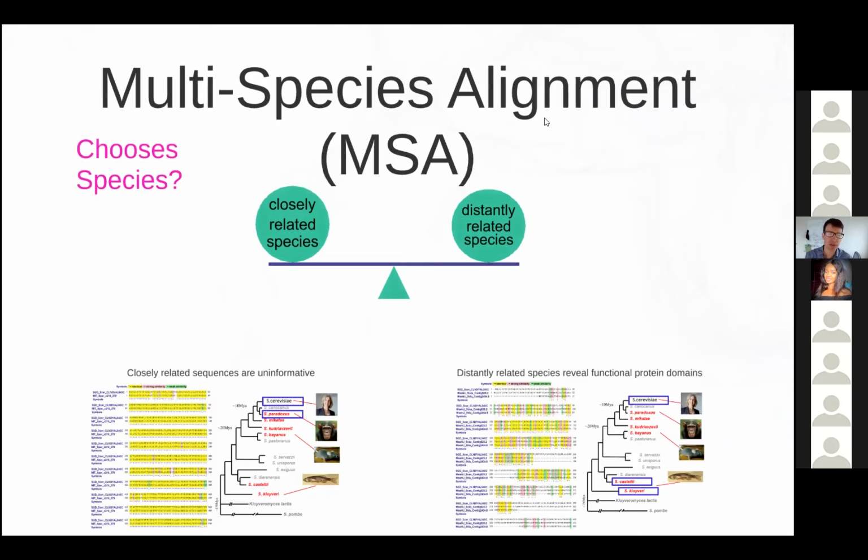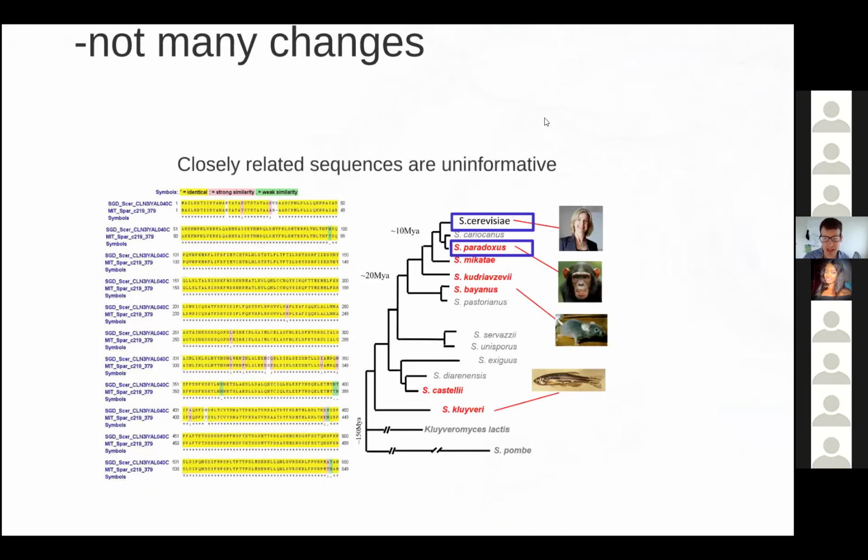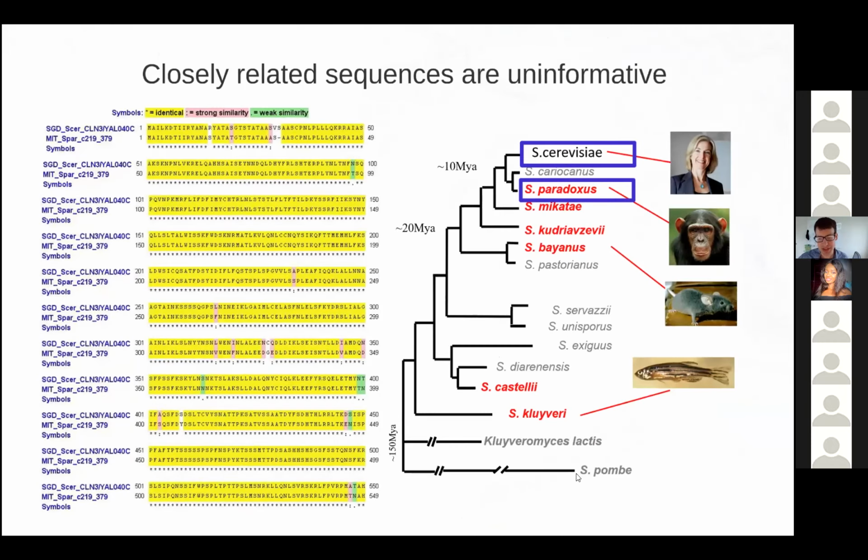So closely related species, the advantage of those is that you get really good alignment. If you take two species that are very closely related to each other and you look at their alignment, it's going to align really well. But the problem is that the alleles aren't that different between closely related species. So you need differences to learn something. A quick example of this is these are actually all different yeast species that Brock Cohen likes to study.